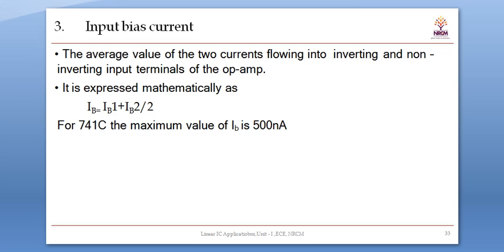The maximum value for IB is 500 nanoampere.